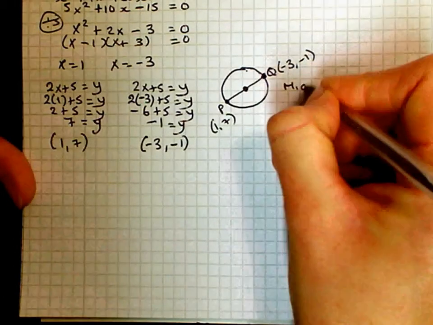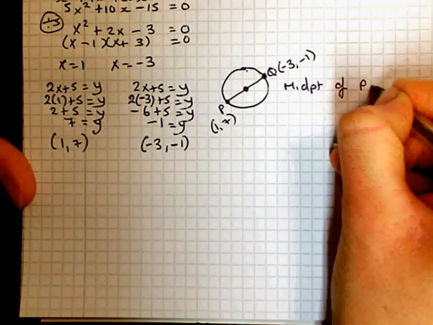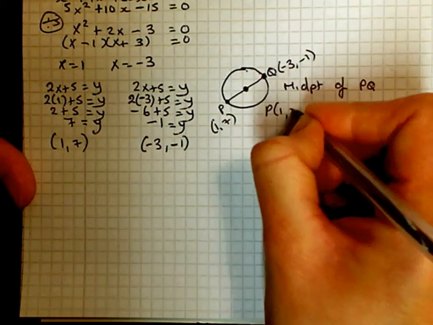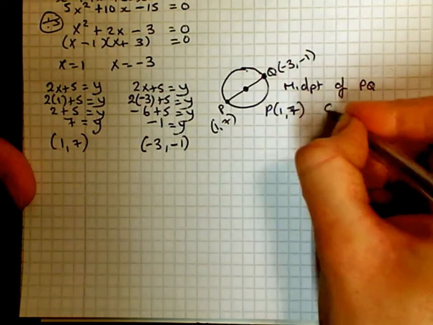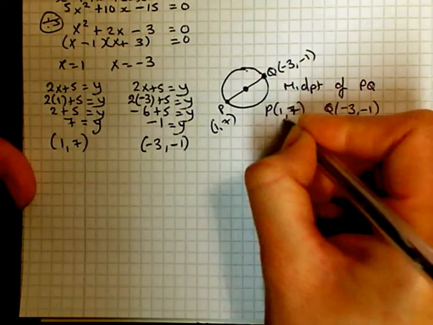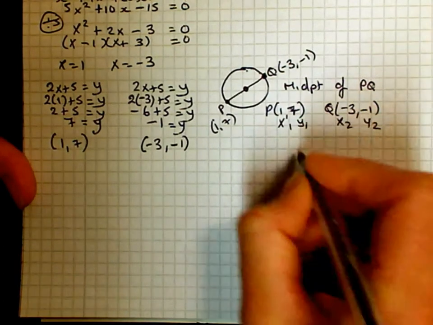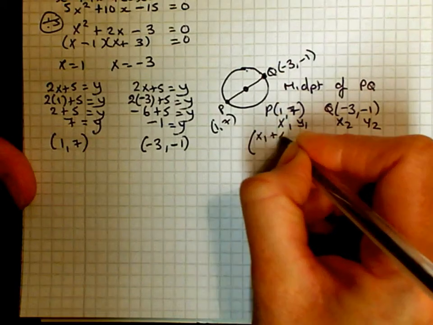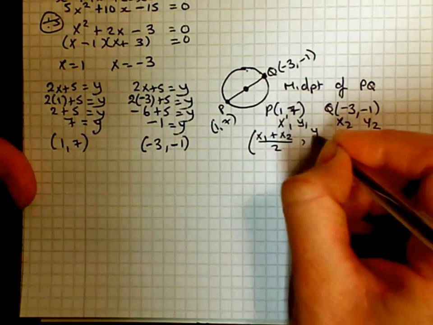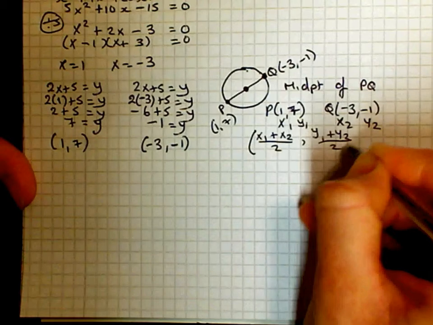So the midpoint of PQ. We'll say P is (1, 7), and Q is (minus 3, minus 1); this is x1, y1, x2, y2. So the midpoint is x1 plus x2 all over 2, y1 plus y2 all over 2.